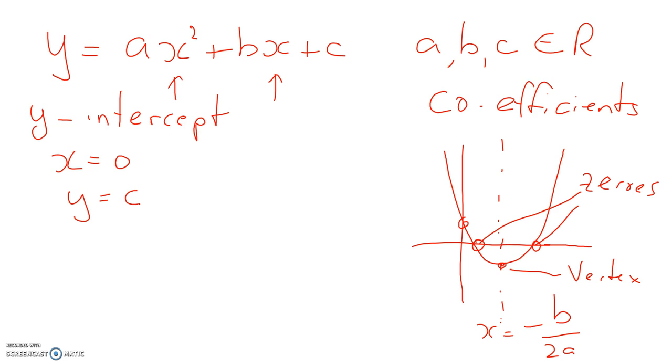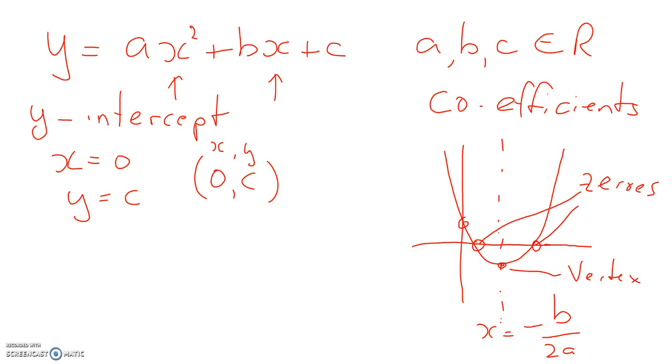We plot these graphs on our Cartesian plane, and every point on a Cartesian plane is defined by a coordinate pair. So for the y-intercept, our point is going to be 0, c. This is the x coordinate here, and that's the y coordinate here. So every point on this graph must have an x and y coordinate.